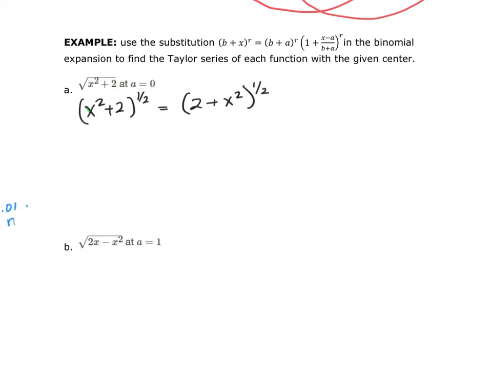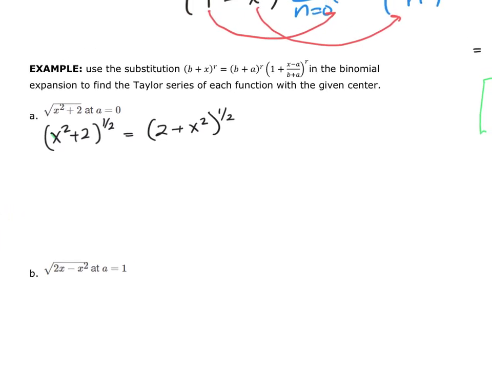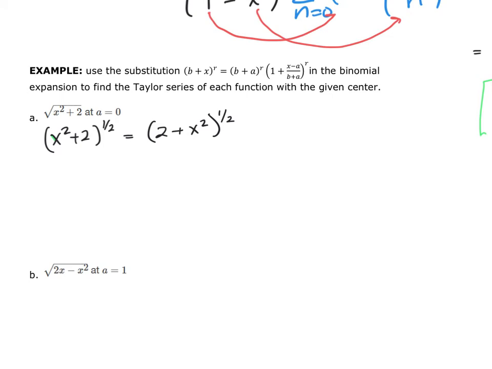The reason I'm going to do that is because that way I can see all the values that I need to pull off here. My b is 2. My x, and I put that in quotes, is x squared. And my r is equal to 1/2. So I'm going to use this substitution to be able to find my binomial theorem.